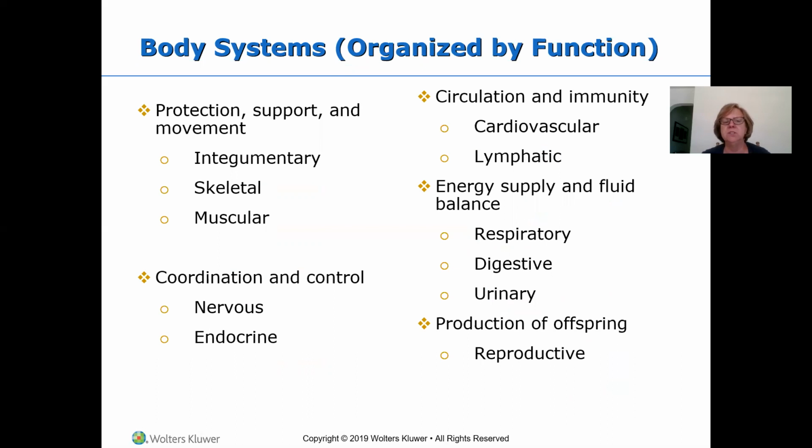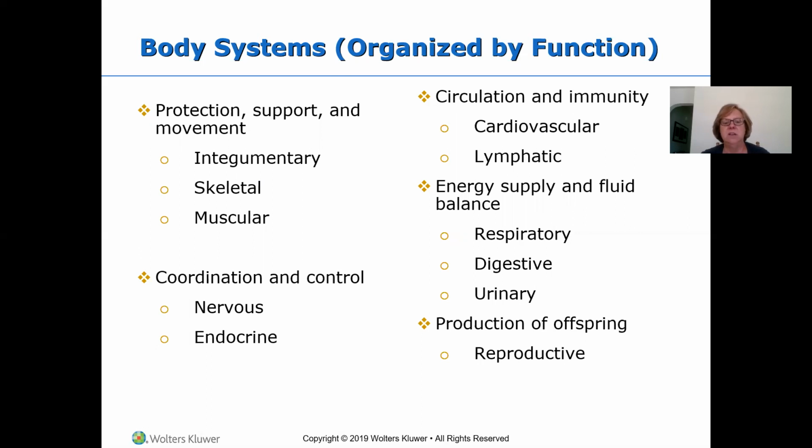Okay, we have several different body systems that are organized according to their function. So for protection, support, and movement, we have the integumentary system, which is your skin, your nails, hair, and then the skeletal system, which of course are your bones of your skeleton and your joints, and then your muscular system, which is all of your muscles. Coordination and control are comprising two systems.